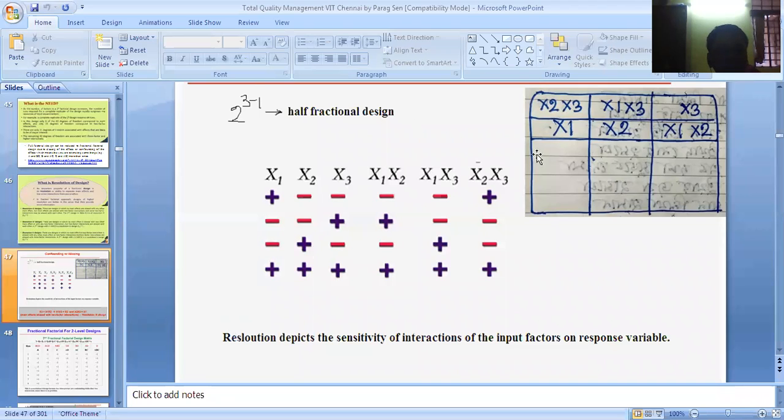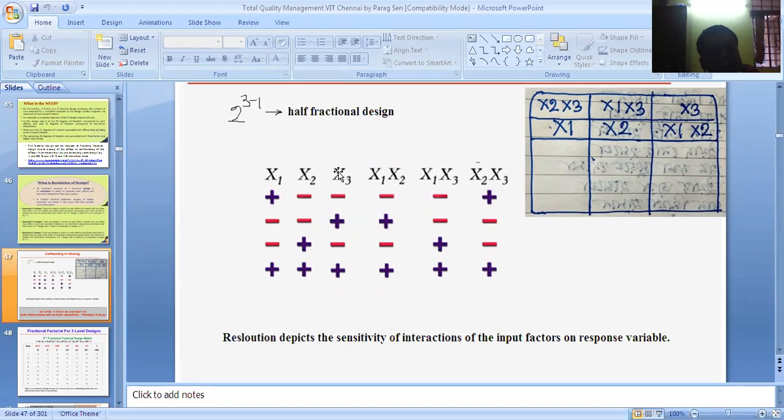And in this particular case, it is not required also, because in 2 to the power 3, if you have 3 factors and each factor has 2 levels, then you don't need to go for any fractional factorial design. Why?